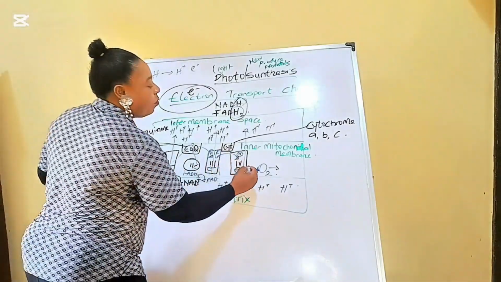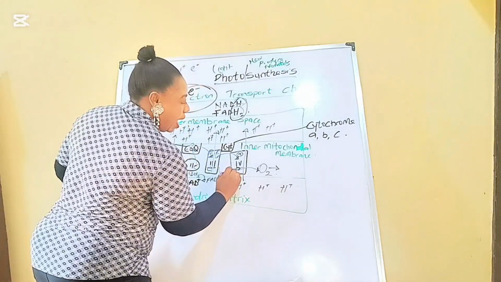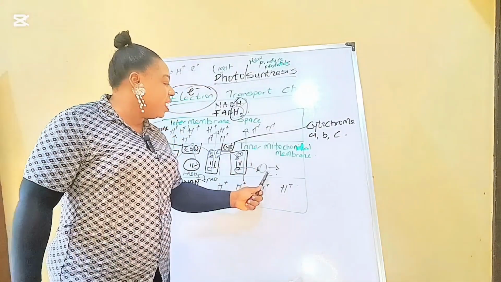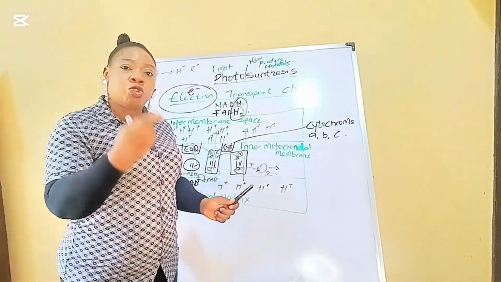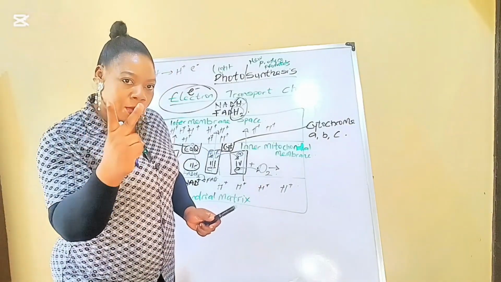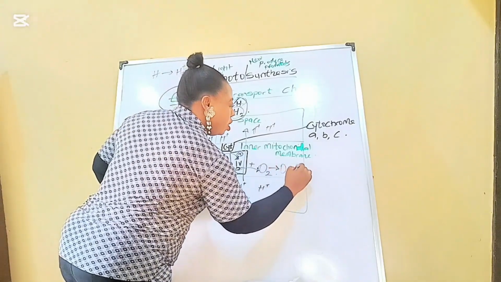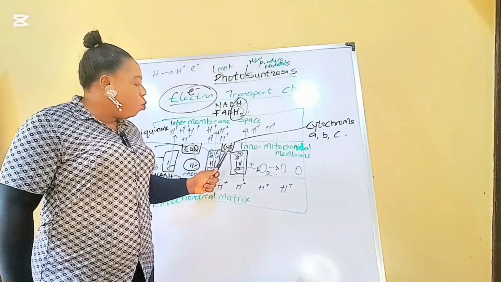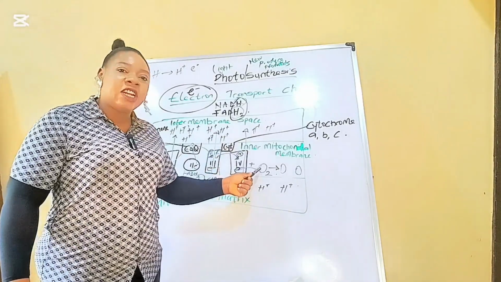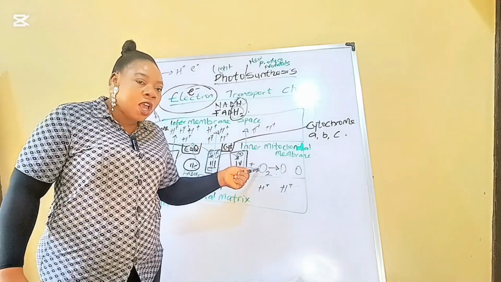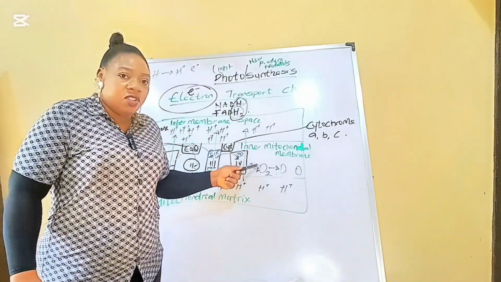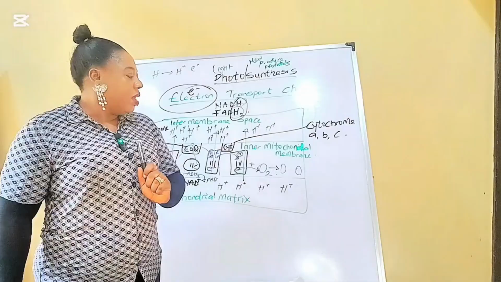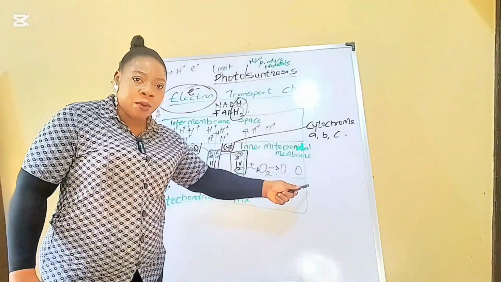Addition of electron to this oxygen will lead to breakdown of the oxygen to give us 2 oxygen ions. So we have oxygen, oxygen.